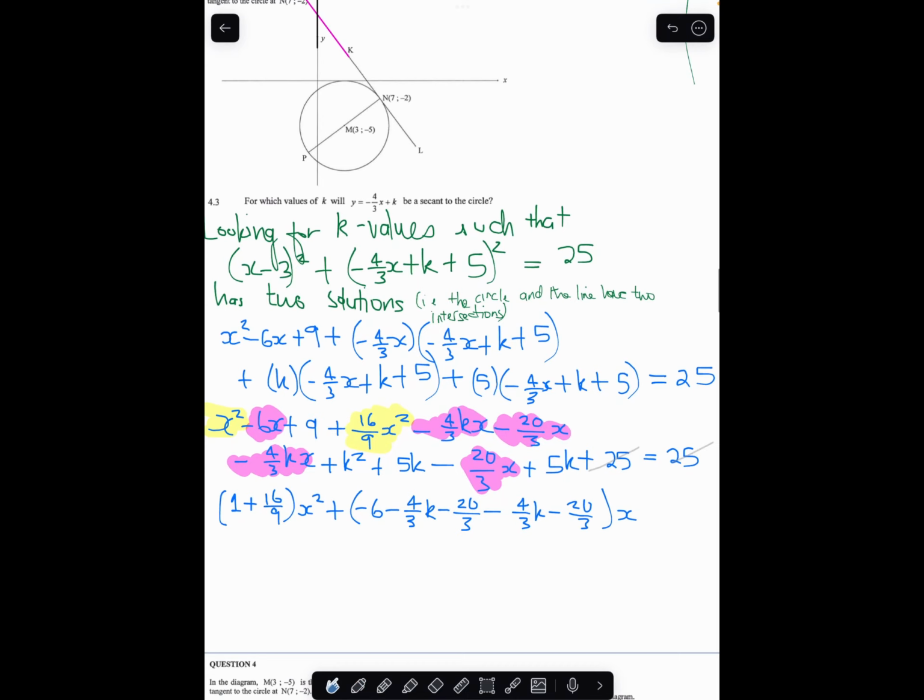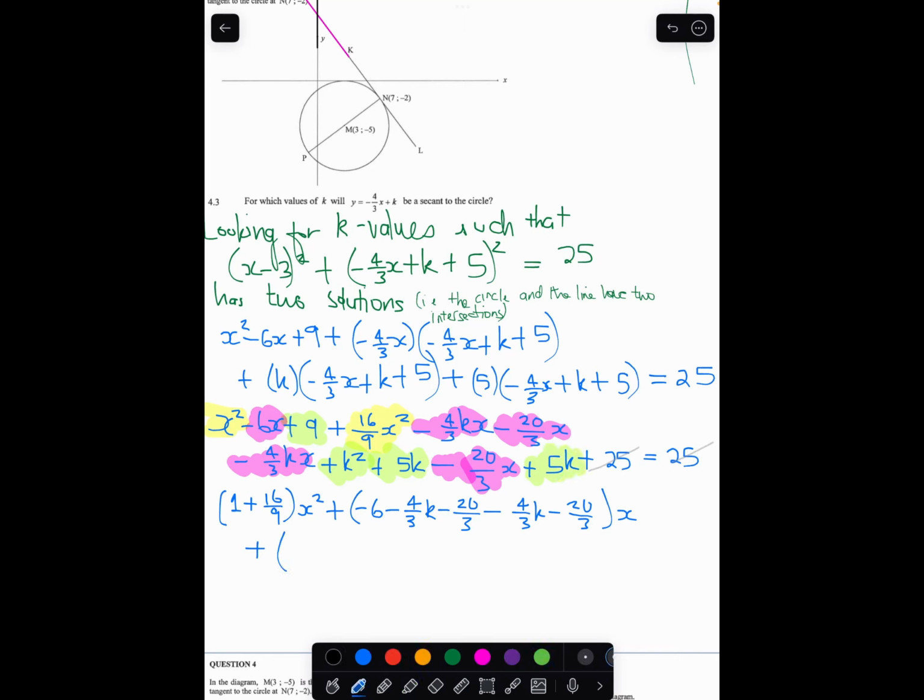Okay, and then what's remaining is my constants. So I have 9, k squared plus 5k and 5k.